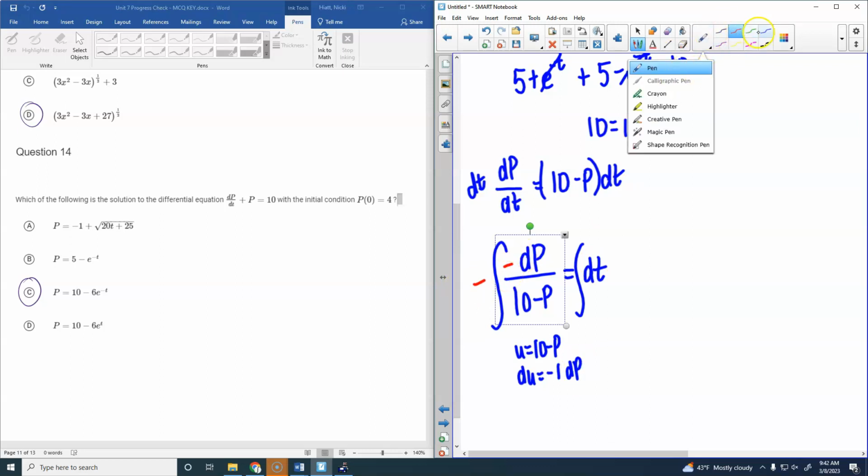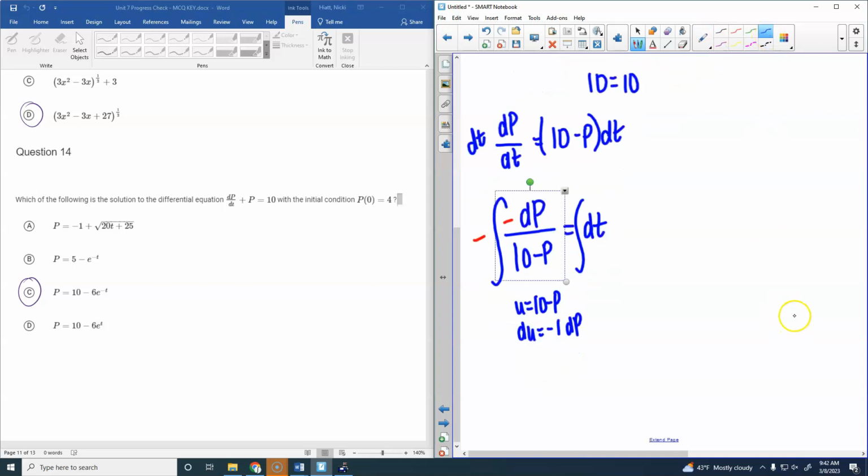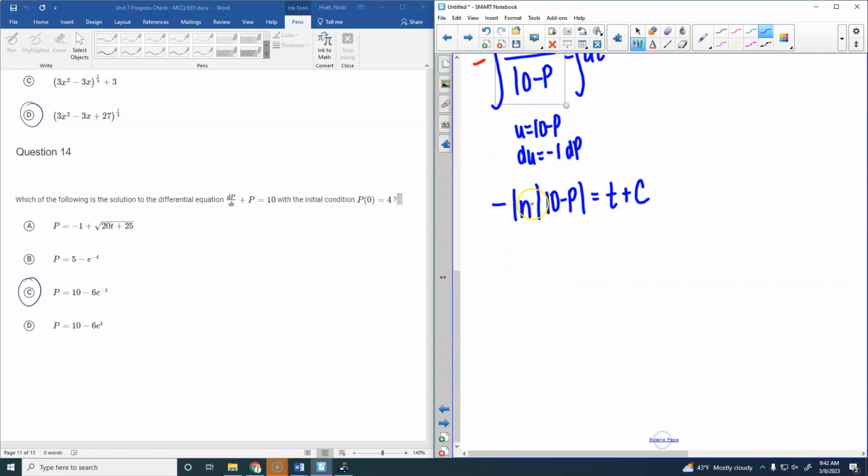When you integrate that, you're going to get negative natural log of the absolute value of 10 minus P equals t plus c. I would get rid of that negative first by dividing by negative 1: natural log of the absolute value of 10 minus P equals negative t. I'm going to leave it a plus c. You can change it to minus if you want. It won't hurt, but c's kind of absorb everything that's done to them.